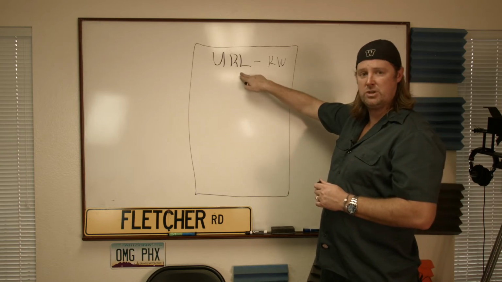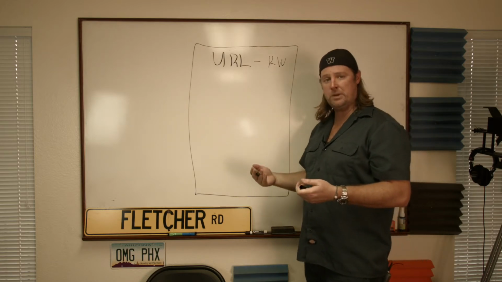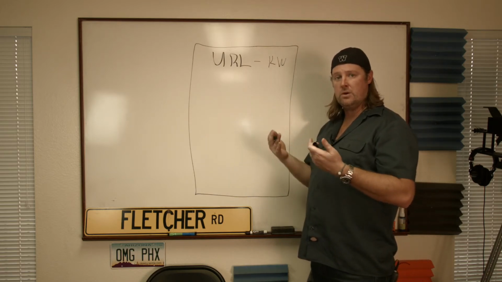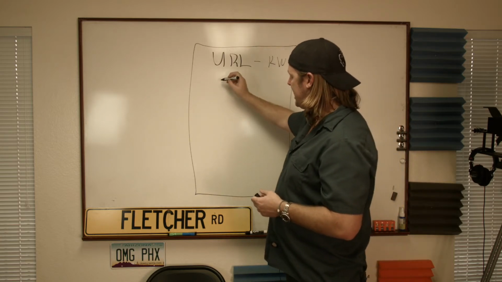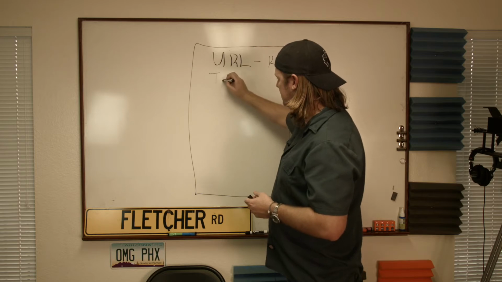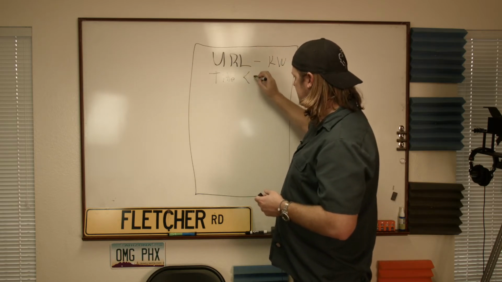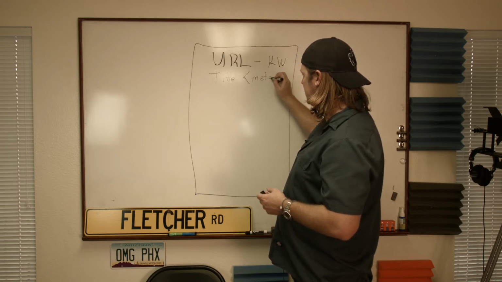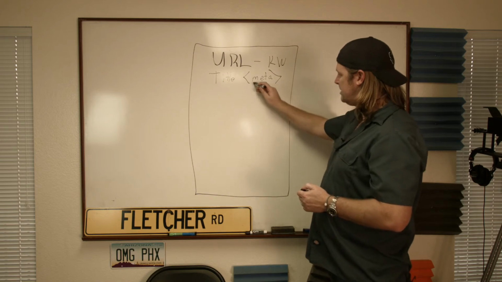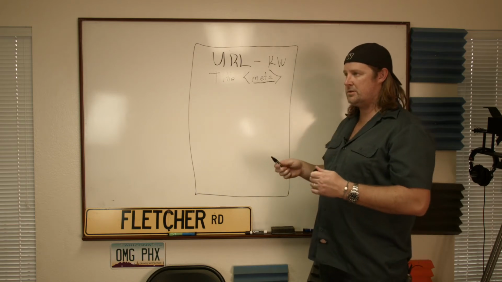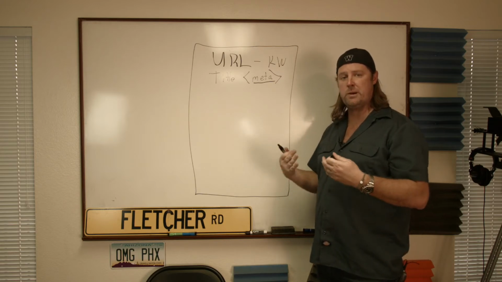So we're going to pay attention to URL. URL, I think, is the most influential piece of data that we can give Google as far as what our page is going to be about, all right? Beyond that, we have something called a title. That's a page title, and this is going to be written in a meta tag. Meta is, for lack of a better way of explaining it, just information about the page.